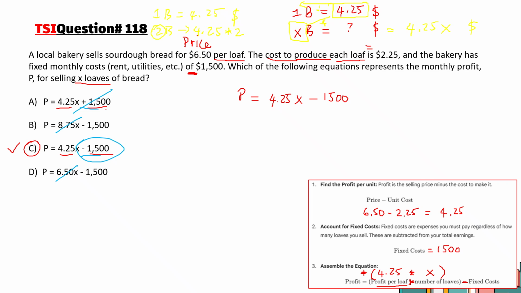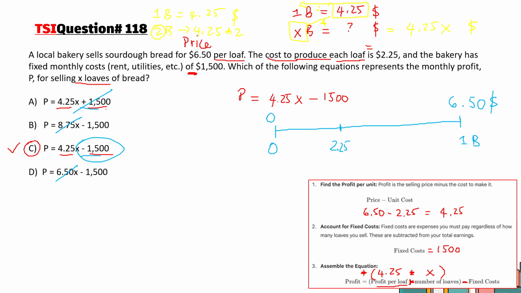And if you still struggle with understanding, here, let's say you're selling, okay, this is $6.5, this is $0 earned. So this is 1 bread, this is 0 bread, right? So if you're selling, you got $6.5, but you spend 2.25 to make it.